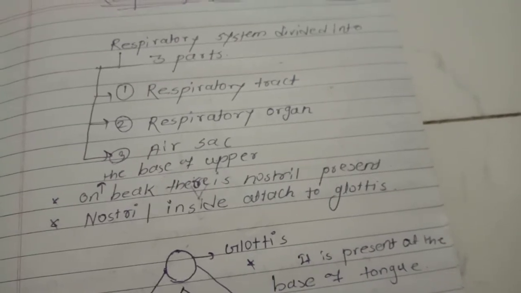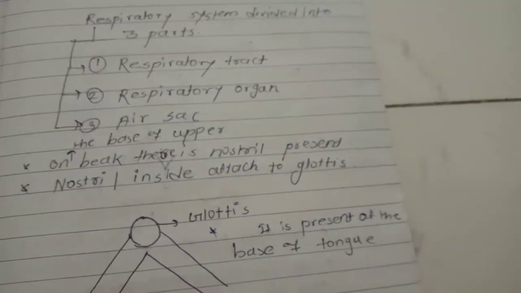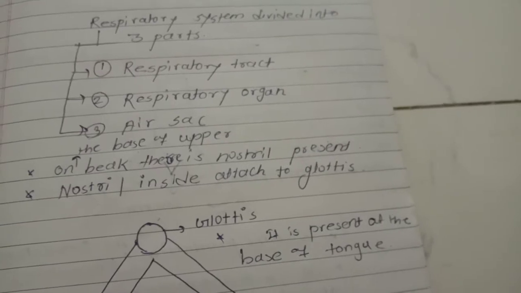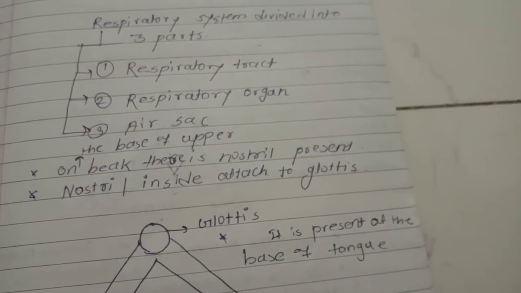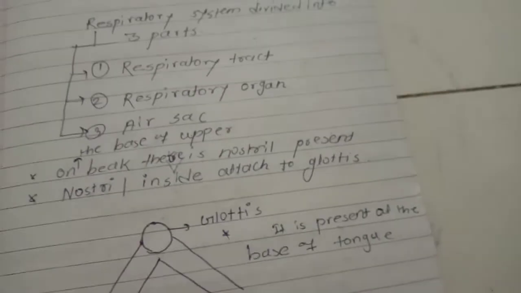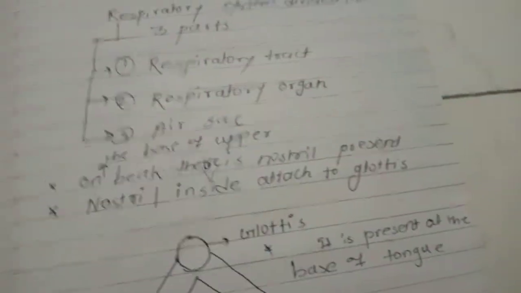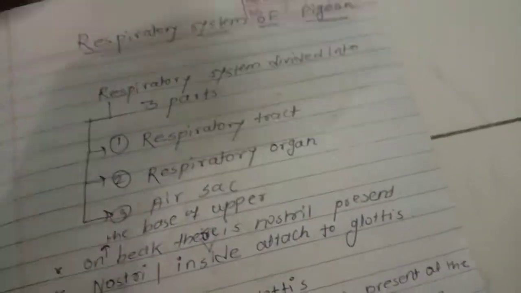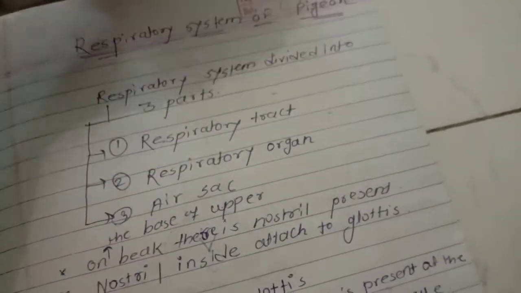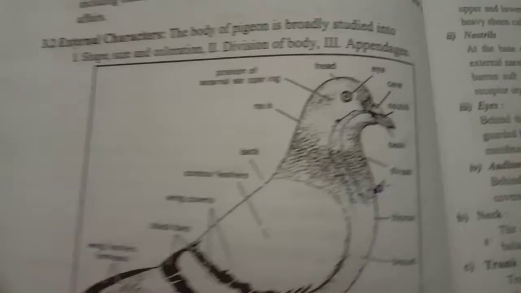First, on the base of the upper beak there is a nostril present, and this nostril inside is attached to the glottis. So here we can see in this diagram. This is the diagram of pigeon.